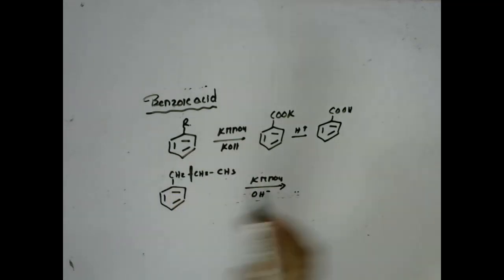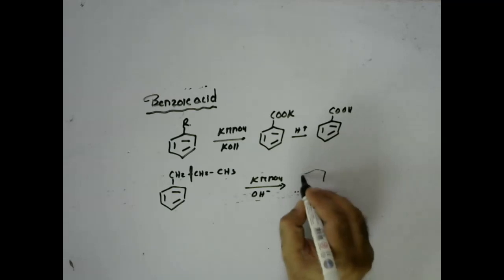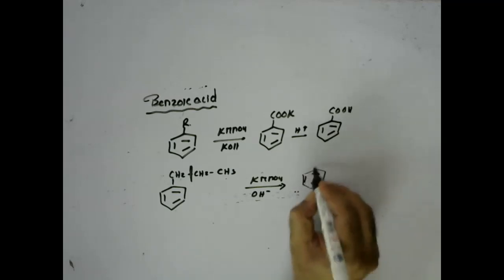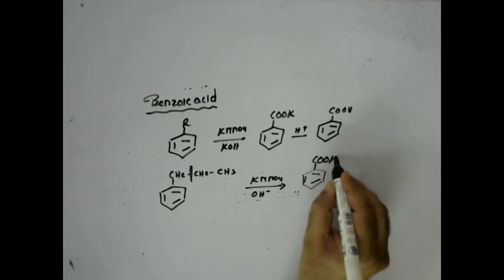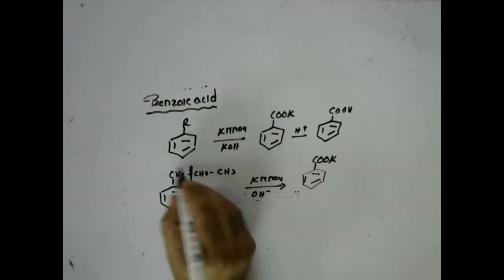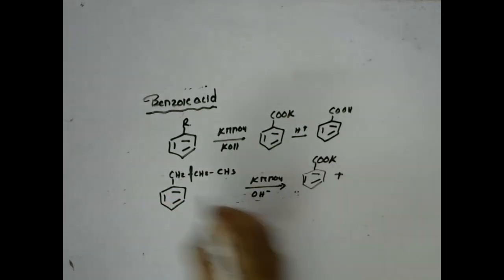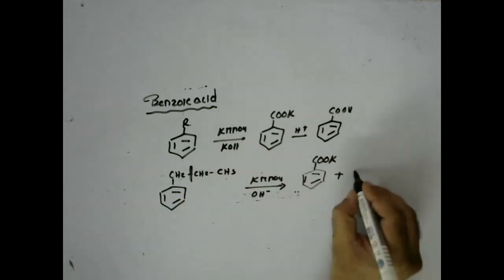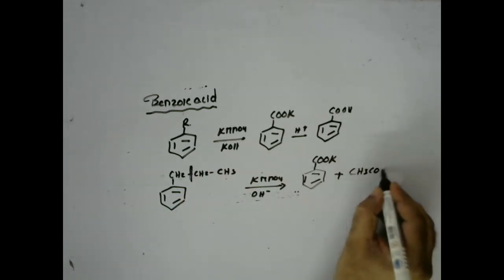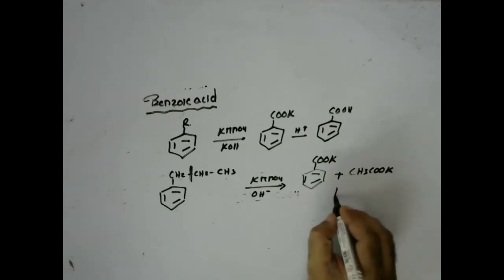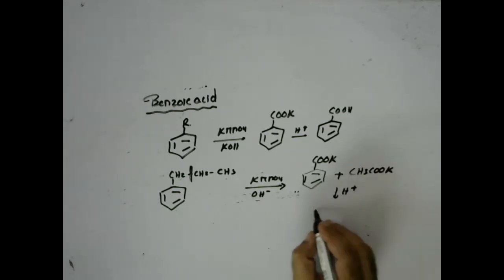This will become benzoic acid. Since you are working in basic medium, you will get a potassium salt, COOK. The other part will also become an acid with 2 carbons. You are going to get CH3COOK. And it is only when you acidify them that you are going to get the benzoic acid.